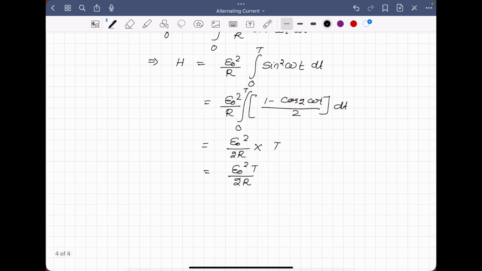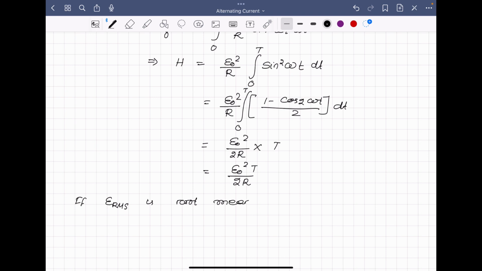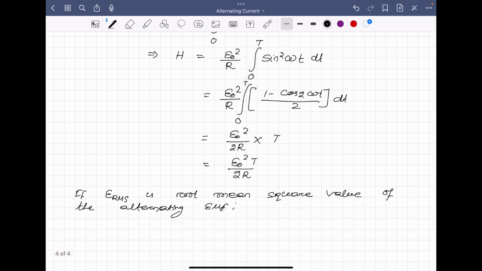If our ERMS is the root mean square value of the alternating EMF, then what we got here?